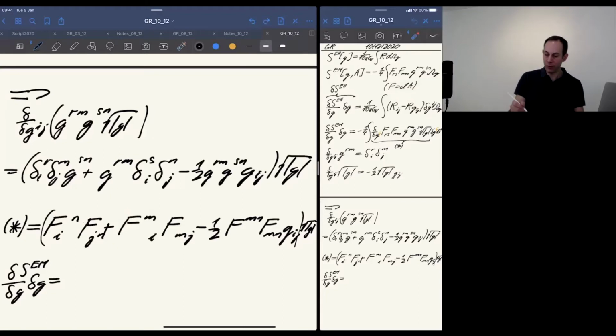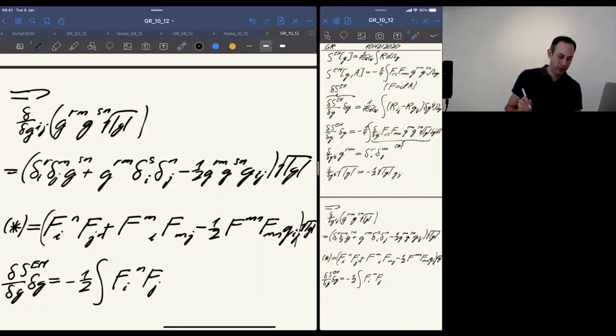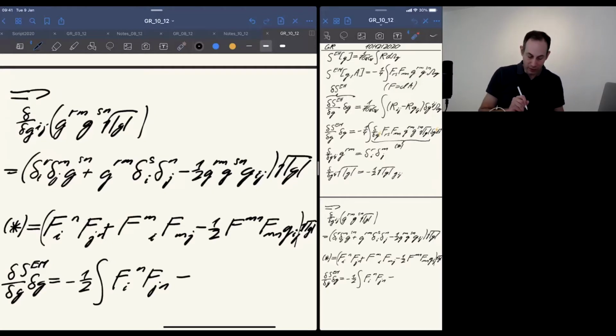And I can absorb this, so the prefactor was -1/4, but now I just put 1/2 because I have twice the same term and only write the term once. So I'll write it here, F_IN. And then I still need to put the other term. Now, this other term had already a 1/2 in front, so I don't need to do anything here.